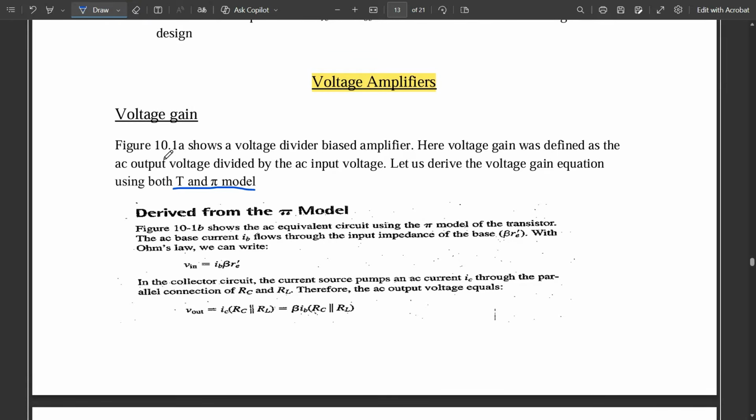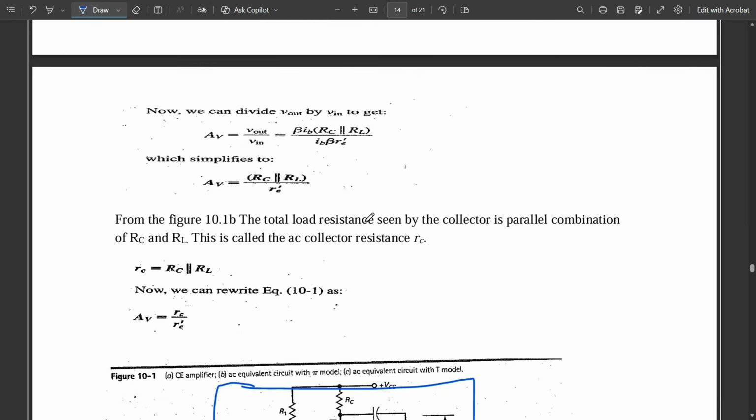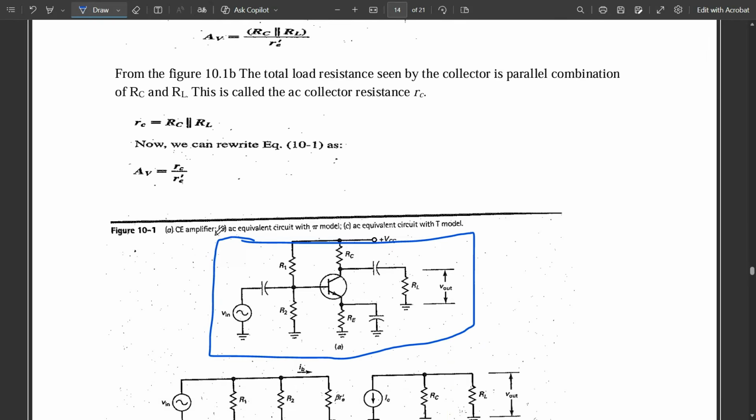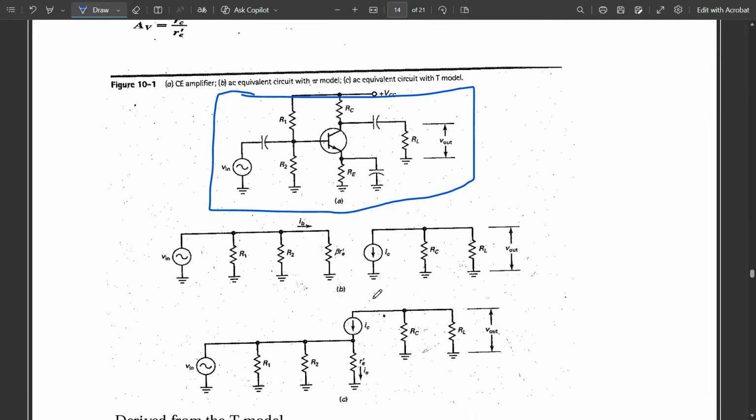Before that, you need to know the circuit structure of the T model as well as the pi model for this common emitter amplifier circuit or VDB amplifier circuit. Both circuits are one and the same; there is no change. What makes it different from the VDB amplifier is that in the CE amplifier, the capacitor used here does not act as the bypass capacitor.